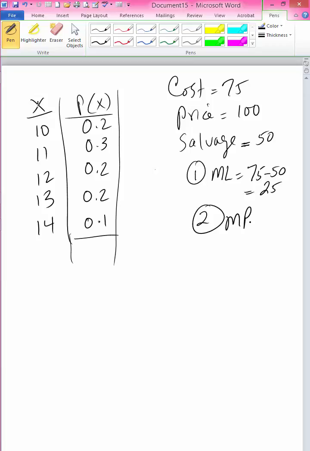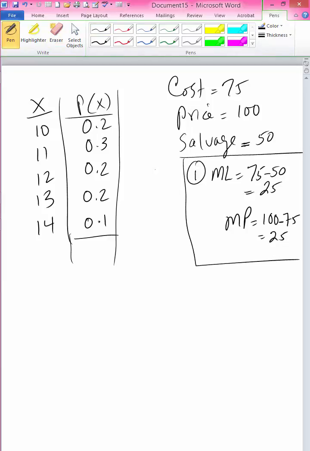Marginal profit is the profit that we would have made if we had enough to sell. So that would be the selling price minus the cost of $75. So that's $25. I'm sorry, this is not step 2. We're still doing step 1 when we compute marginal loss and marginal profit.